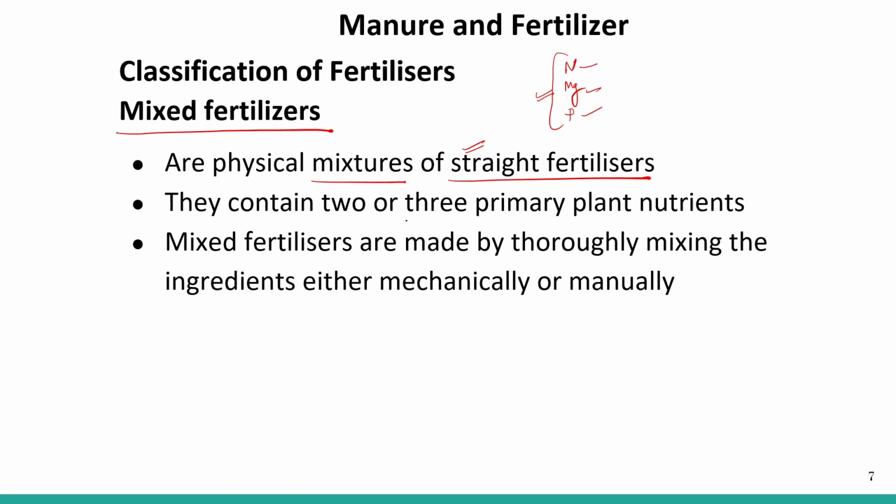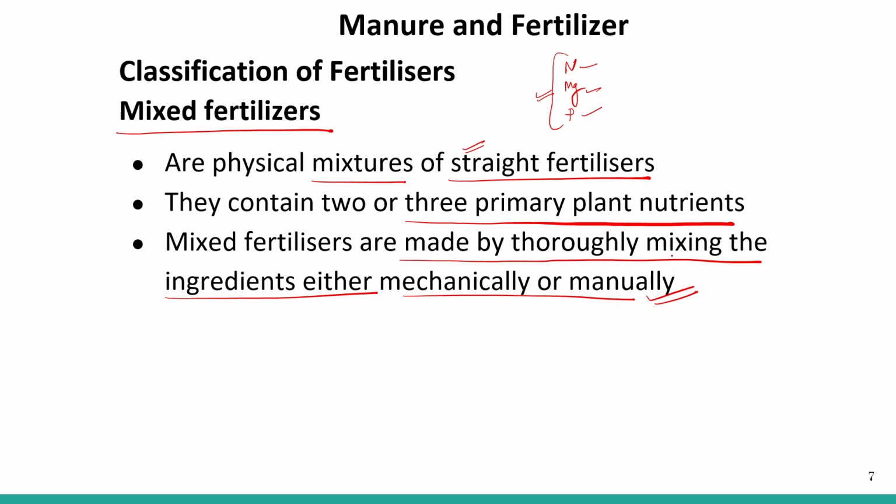So they contain 2 or 3 primary plant nutrients. Mixed fertilizers are made by thoroughly mixing the ingredients either mechanically or manually. So we can mix manually or even with the help of some machines. So this is the physical mixture of straight fertilizer. So: straight fertilizer, complex fertilizer, and mixed fertilizer.